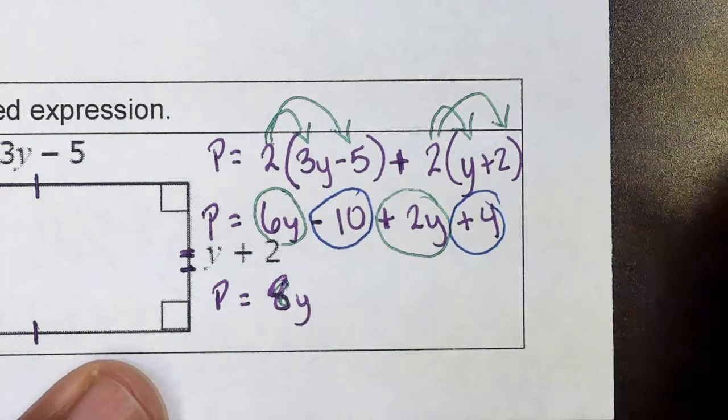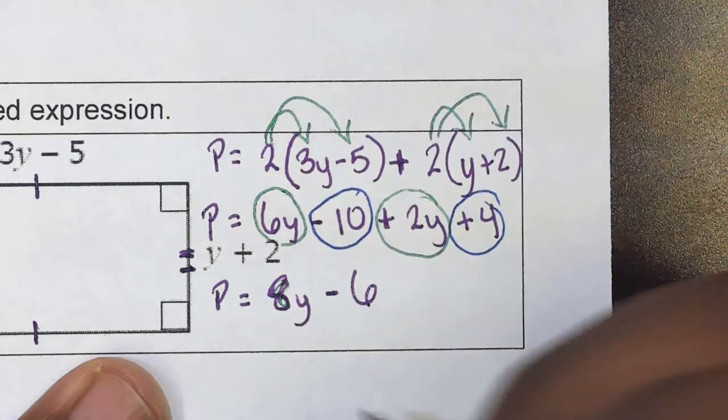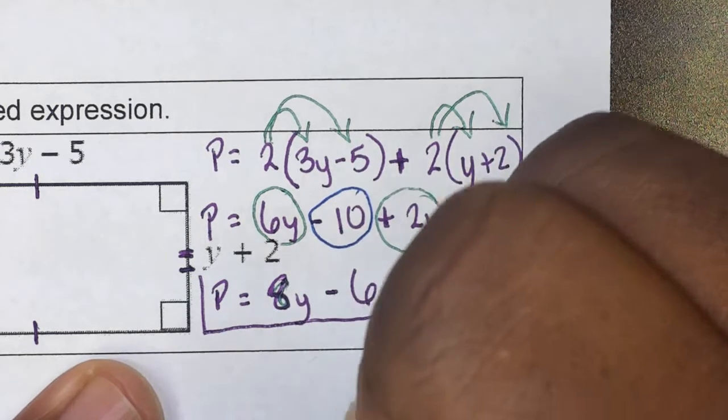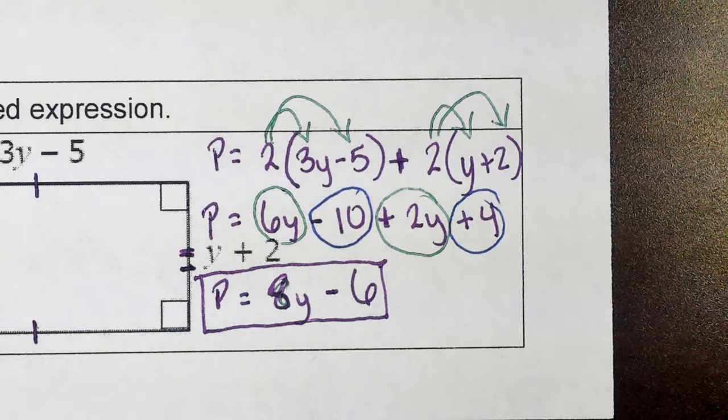And then negative 10 plus 4, negative 6. So the perimeter of this figure would be represented as the expression 8y minus 6. Questions?